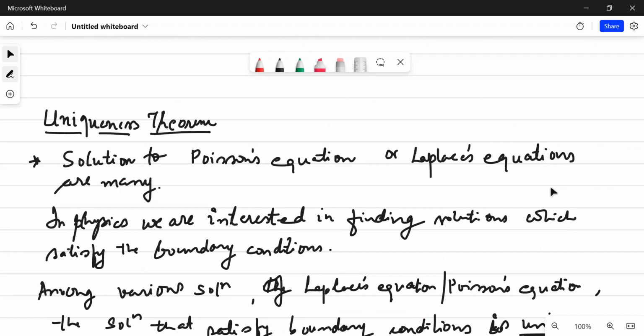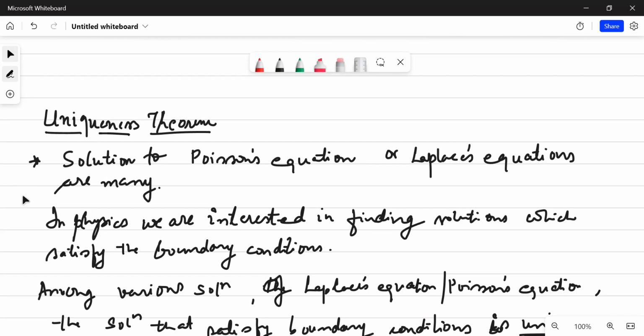If you go back to the lectures on Laplace's equation, I showed that a certain Laplace's equation can be satisfied by different potential functions. I could have taken a linear function, and also e to the power x square minus y square, and all these are different functions which can satisfy Laplace's equation.